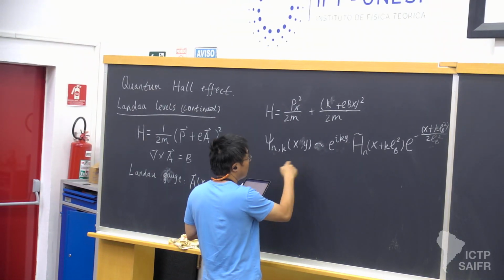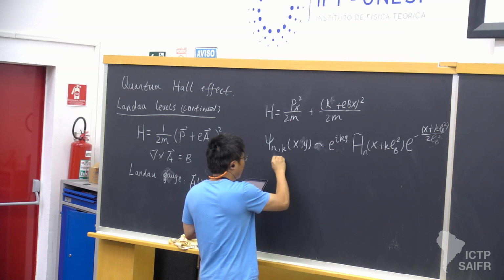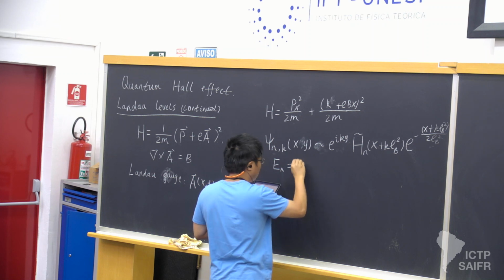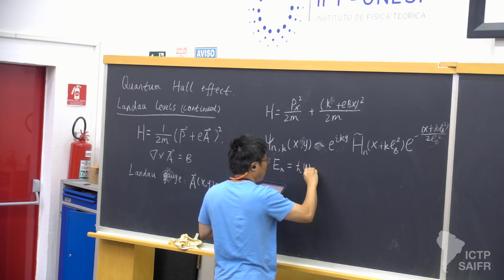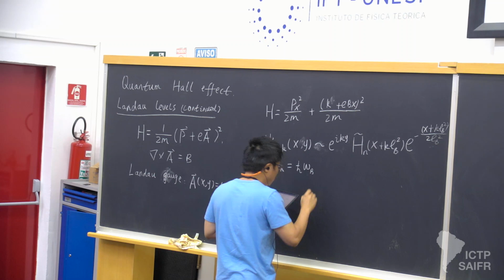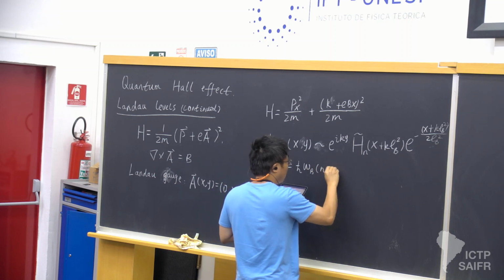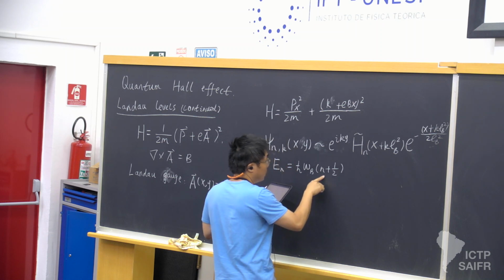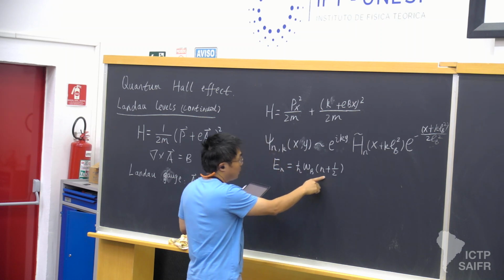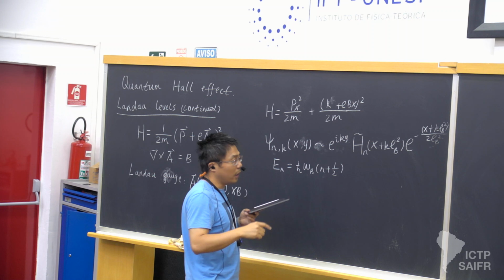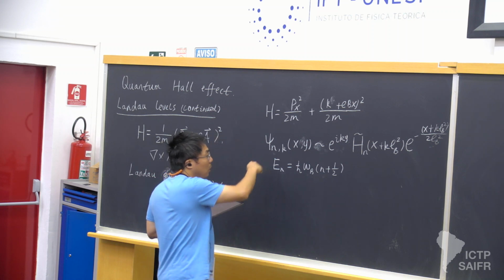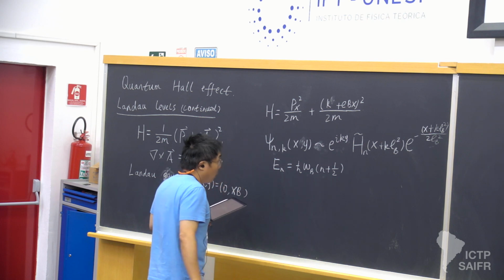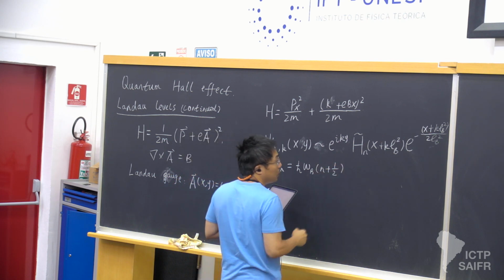And the eigenenergies of these Landau levels will be h bar times omega_B. Omega_B is the so-called cyclotron frequency, which I will also specify in a minute. And you can see that the energy is independent of k, right? It only depends on n, which corresponds to which Landau level you are in. Okay, so there are two important quantities.